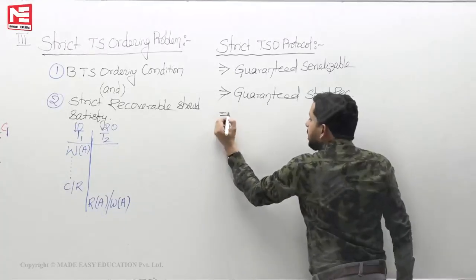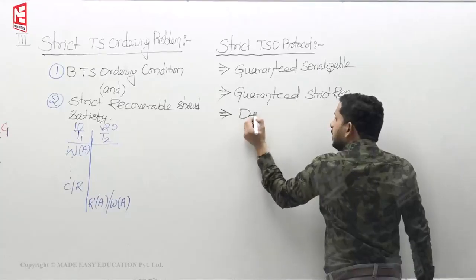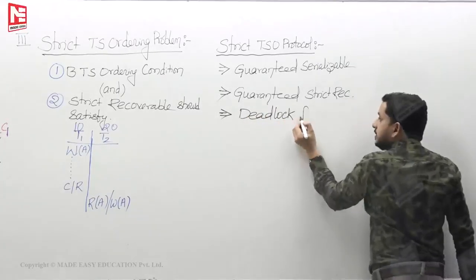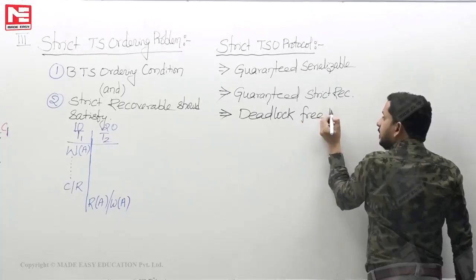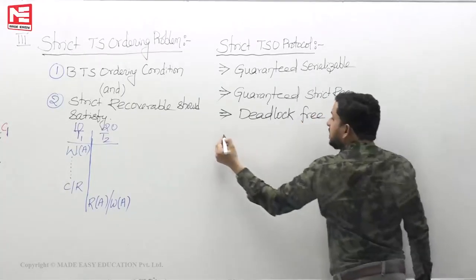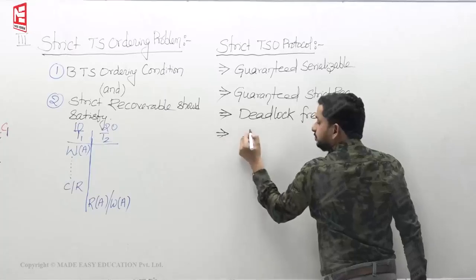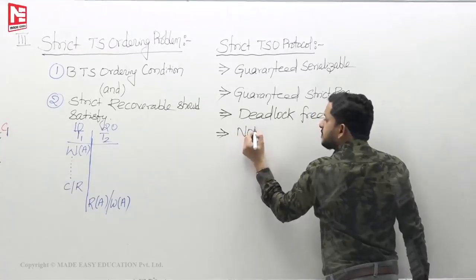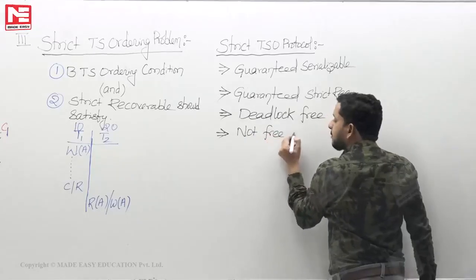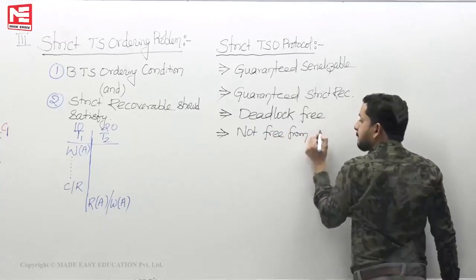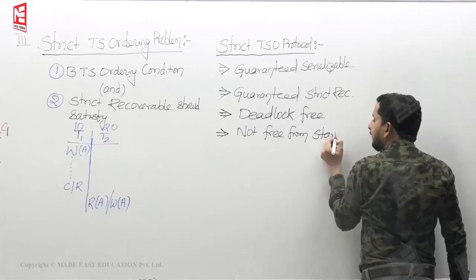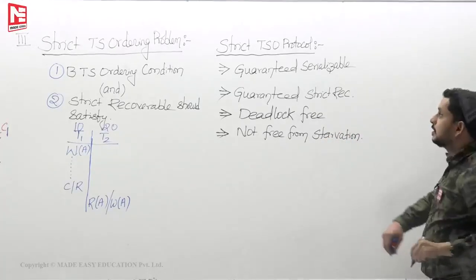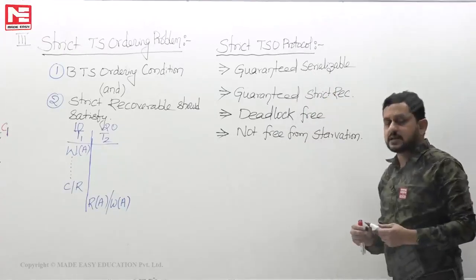The strict timestamp ordering protocol is also deadlock free, but starvation is still possible. It is not free from starvation. So this is about strict timestamp ordering.